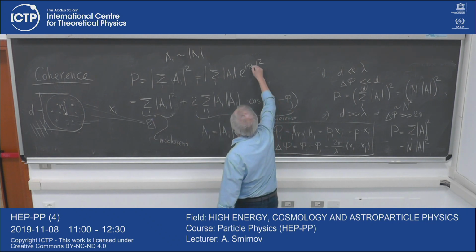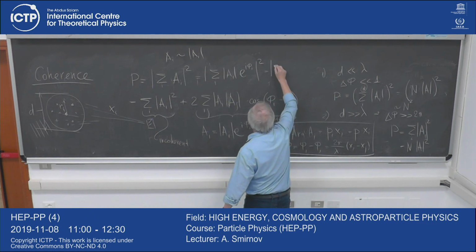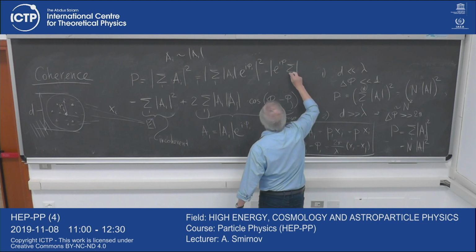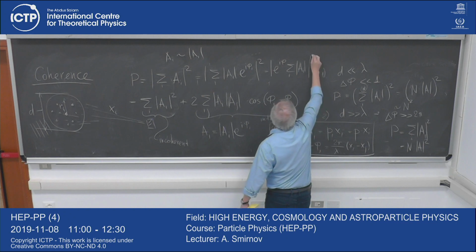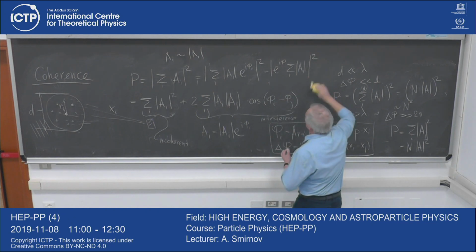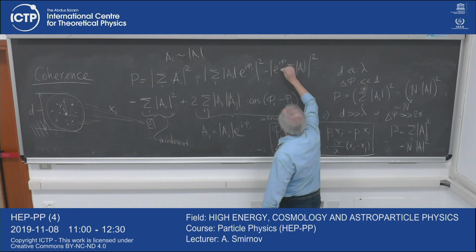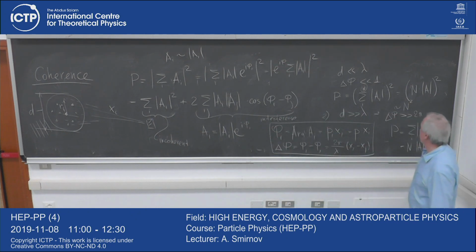Since all the phases are approximately the same, I can put it out, so that will be exponent i phi. I neglect the difference between phases, and here it will be the sum of the amplitude moduli, squared. So that is the expression in the case of coherence, where the difference of the phases is neglected and the phase can just be removed.